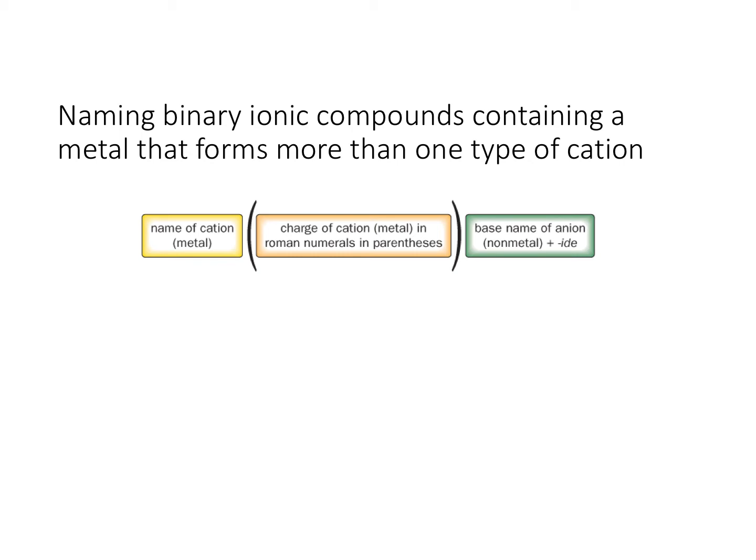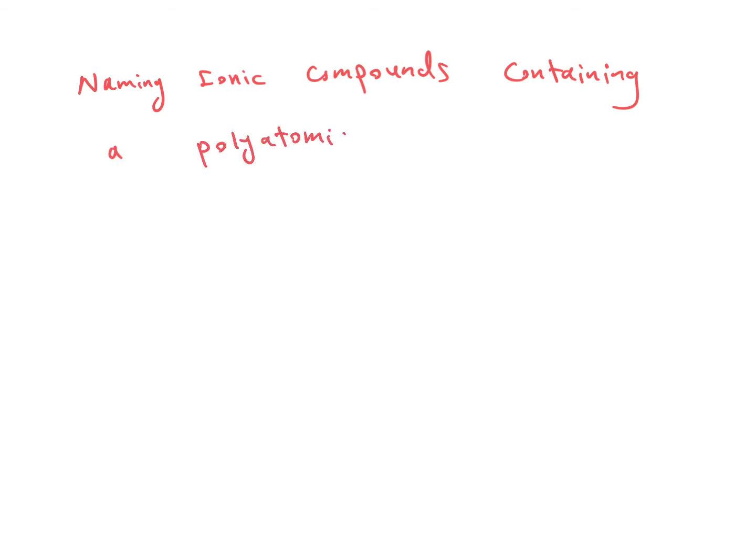If you have cations that have more than one type of charge, you do the same, but you also write the charge of the cation in Roman numerals in parentheses, okay? But the procedure is like before. And if you have a polyatomic ion, I add another category here: naming ionic compounds containing a polyatomic ion.